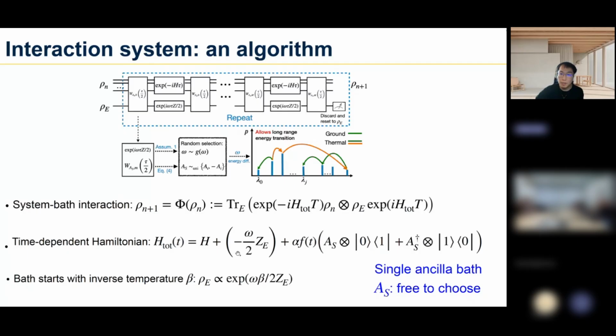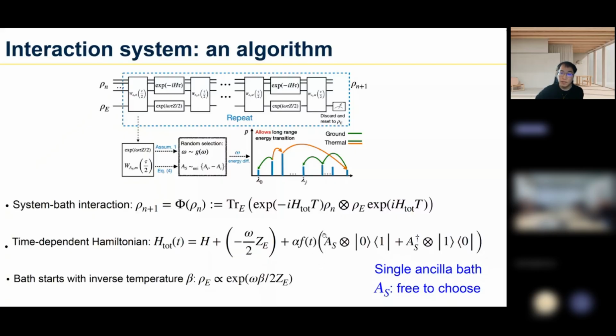The second term is a single-qubit term, which only acts on the ancilla bus, and this omega is a free variable for us to tune. The third term is the interaction term. This alpha is a number corresponding to the interaction strength between my system and the bus.